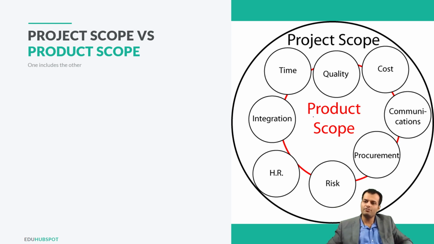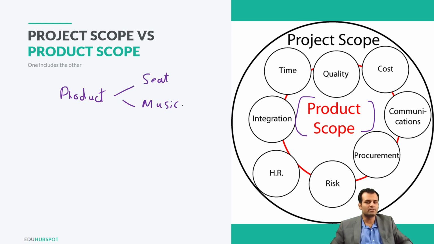If you look closely here, product scope is actually in the middle, and the project scope is on the outermost umbrella. So when I say product scope, it's all about the features of that product. Like I was talking about the seats, the music system.